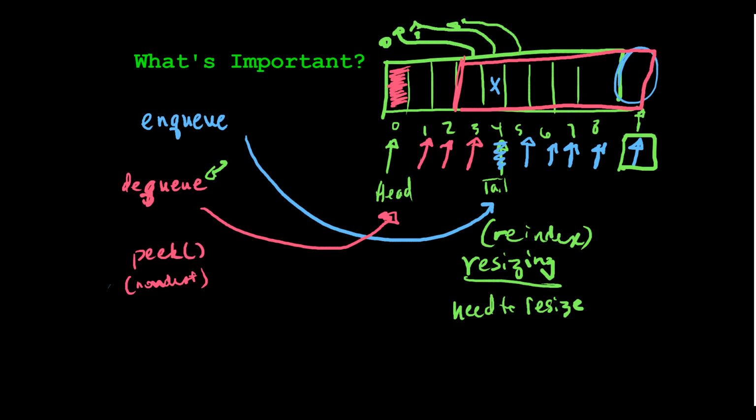And here we're attempting to peek from an empty queue. And then here, if we get to this part, we're fine, so we're going to return data sub head. And because this is non-destructive, I don't want to get rid of that piece of data. It still needs to stay in my array, so I'm not incrementing head.